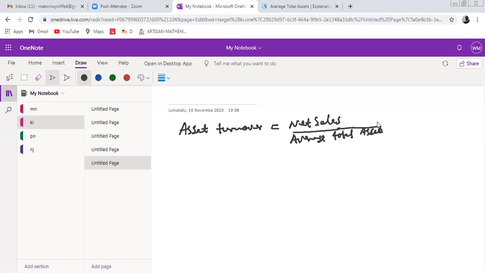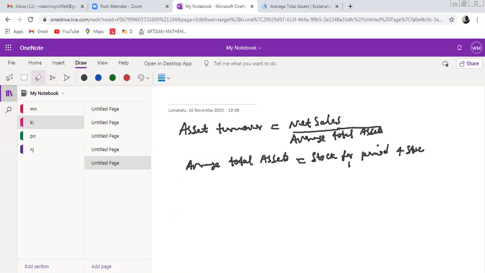Average total assets is the same as the stock for period 1 plus stock, not stock, but assets.